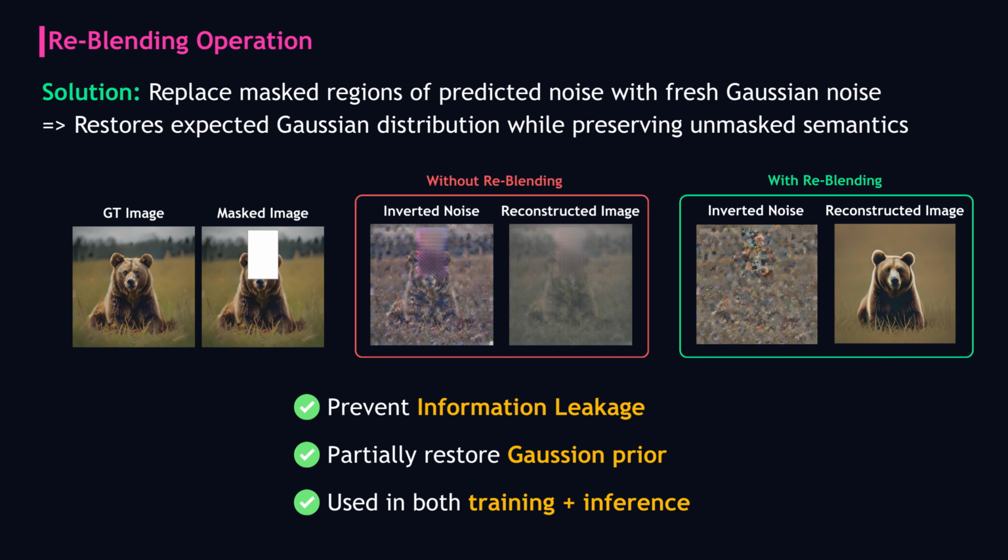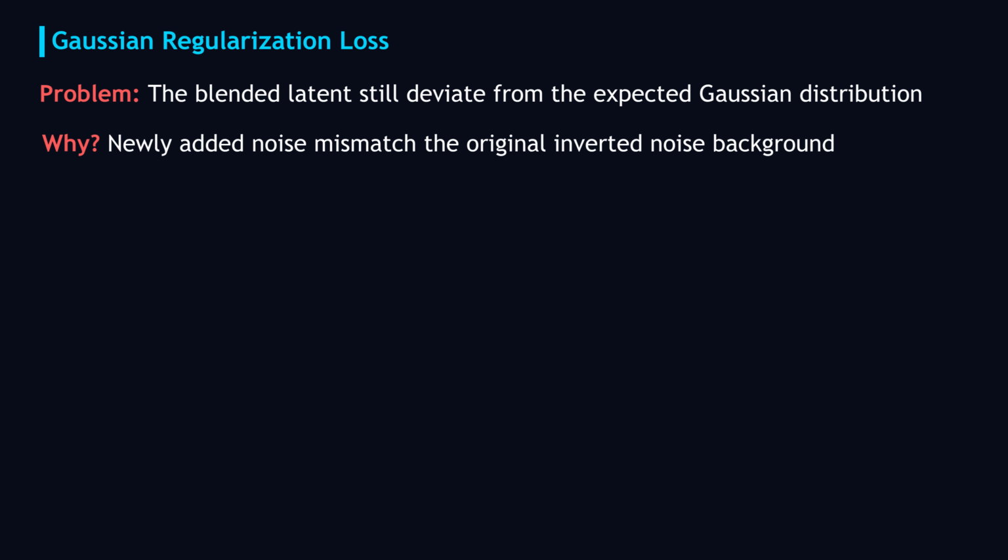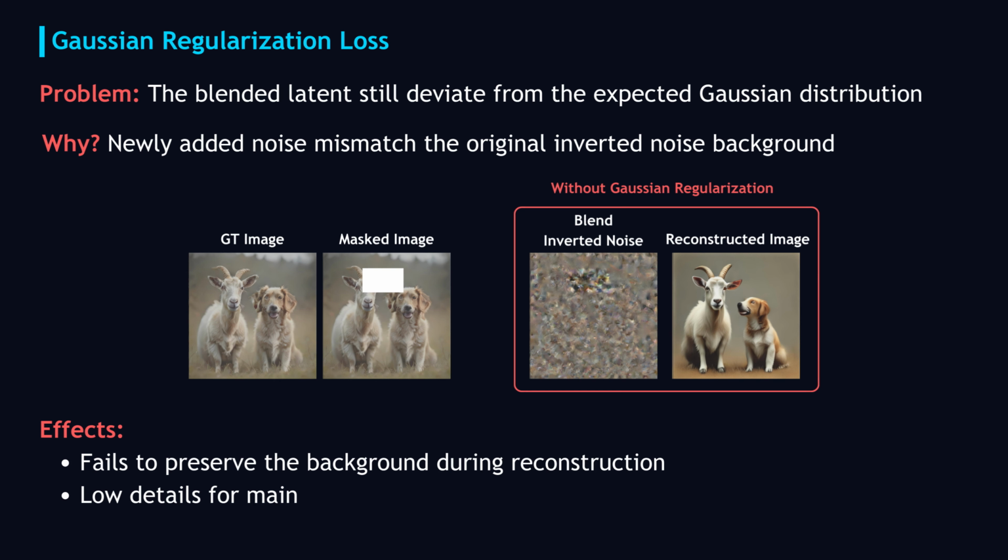Even after reblending, the blended latent can still deviate from the Gaussian distribution expected by the diffusion model. The reason is that the newly added noise in the masked region may not match the original inverted noise background. Without Gaussian regularization, this mismatch causes poor reconstruction. The background is not preserved well, and the main objects lose fine details.